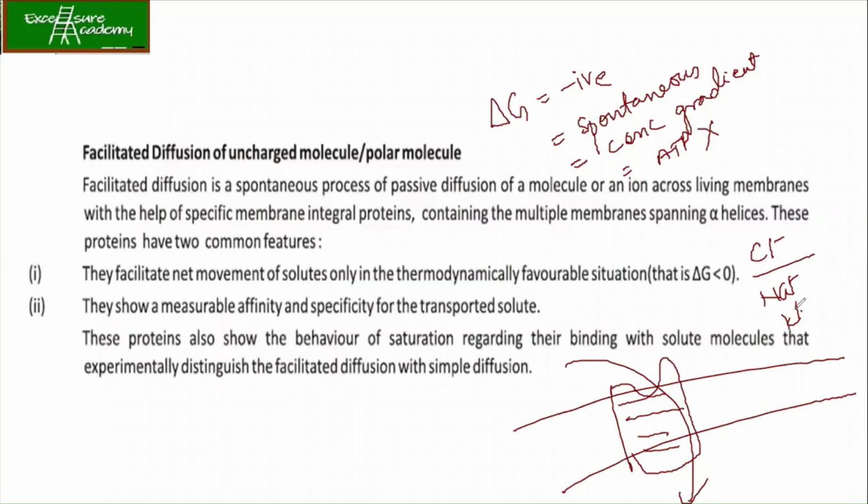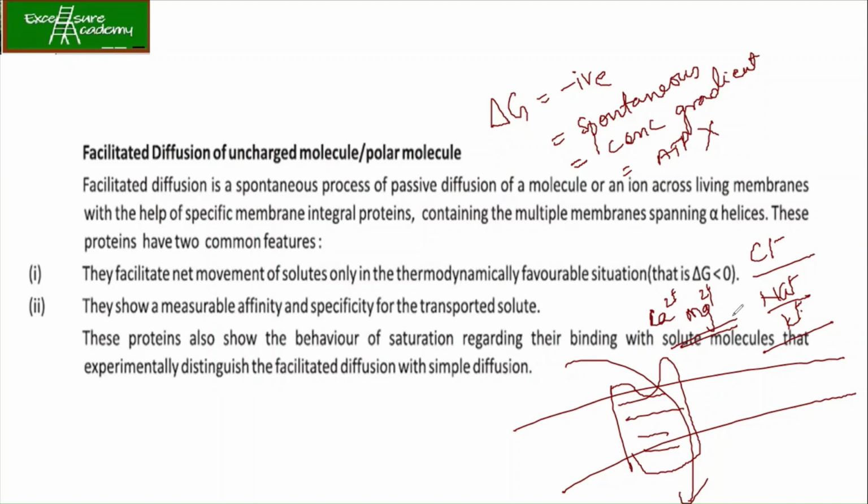No, it is not like that. Okay, Na plus ke liye different hai, K plus ke liye separate hai. Similarly you have got for calcium, similarly you have got for Mg2 plus. So jitne bhi requirement hai, every ion or every molecule in the system which goes inside of the cell or outside of the cell has got its own channel.